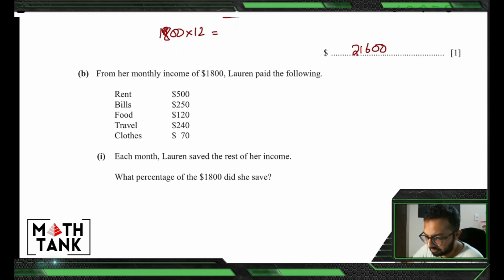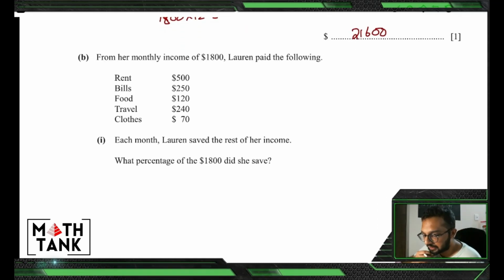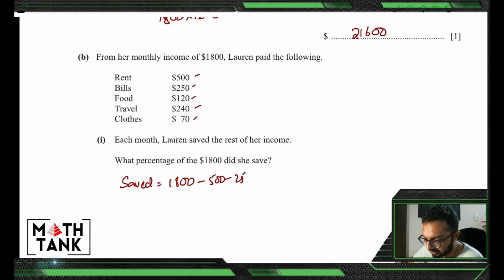Okay, fairly simple. From her monthly expenses of 1800, Lauren paid the following. She pays rent, she pays bills, she pays for food, travel, clothes. Each month, Lauren saved the rest of her income. What percentage of 1800 did she save? So let's first find out the amount that she saved. So it's going to be all of these added together and then subtracted.